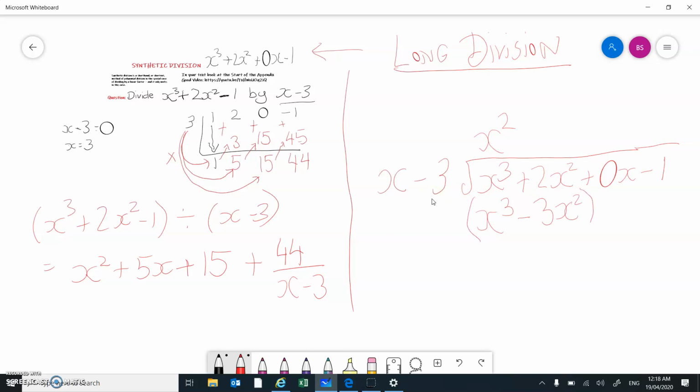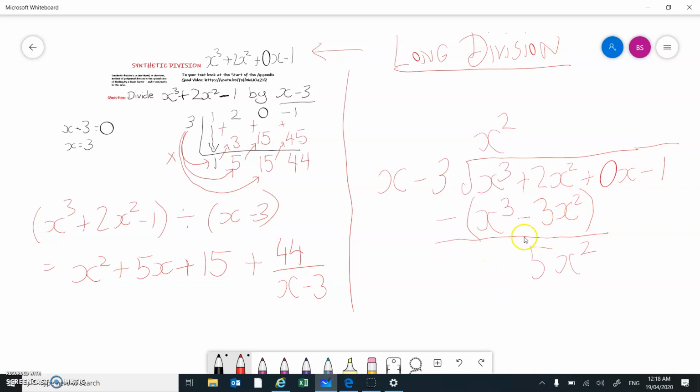Put a bracket around all of that. Subtraction. We minus it. This first term should always give us 0. x to the power of 3 minus x to the power of 3 gives us 0. Then 2x squared minus minus 3x squared gives us positive 5x squared.